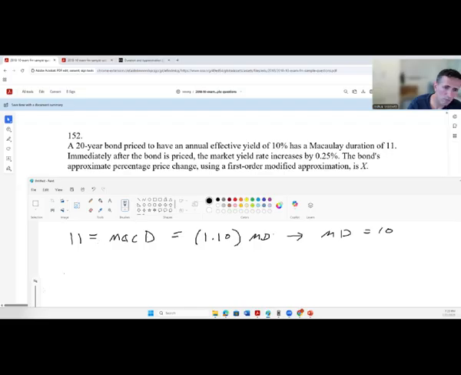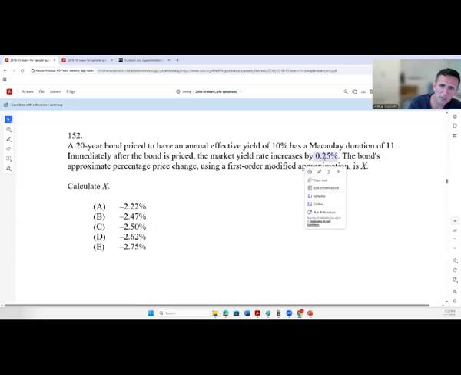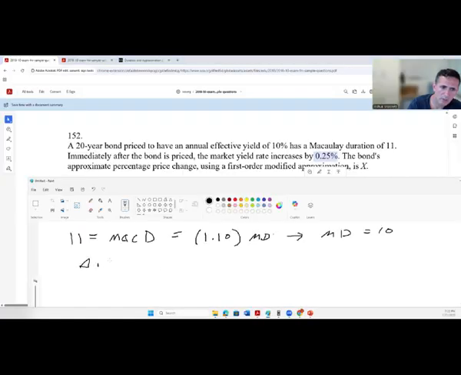And so what does that mean? Well, as I mentioned, the change in interest is 0.25%, so that's 0.0025 as a decimal. All right, so that means the approximate percentage change is going to be minus 10, which is modified duration, times 0.0025 times 100%.